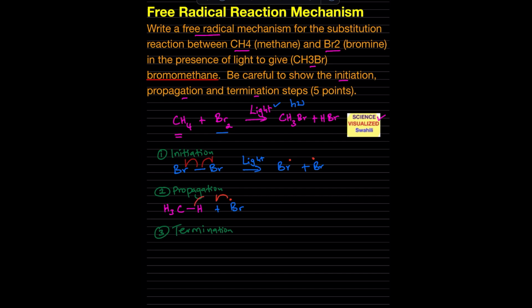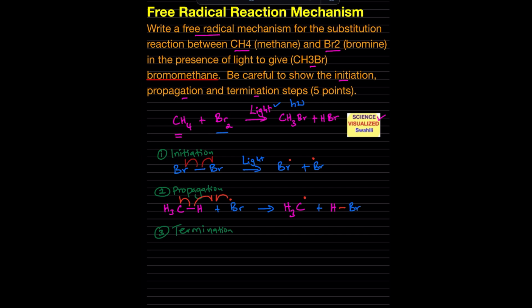So you break the carbon-hydrogen bond, and single electron moves to form a bond between H and Br, while the other electron moves to carbon, so that you end up with a methyl radical. And therefore the product for that will be H3C radical plus, on this other side, the hydrogen is now connected to the bromine. So you end up with HBr.